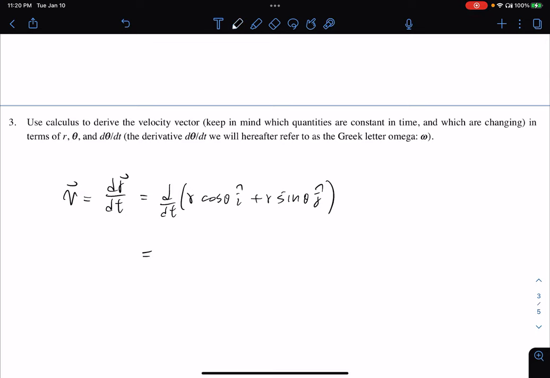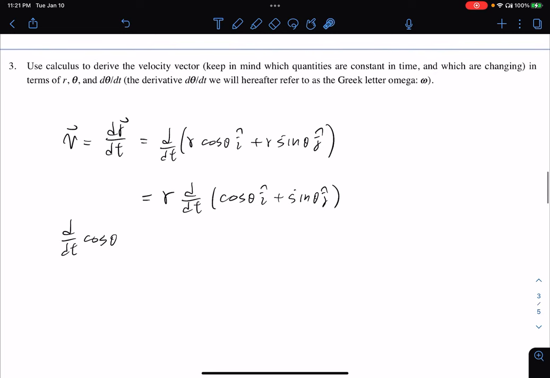So this will be the first term taking the derivative with respect to t, and the second term. The r is just a number, the radius of the circle, so we can pull it out of the derivative. The i and j are also just constants, so we don't need to take any derivative of them. All we need to focus on is how to take the derivative of cosine and sine. So we can pull out the constant, which is in common, to make our equation shorter.